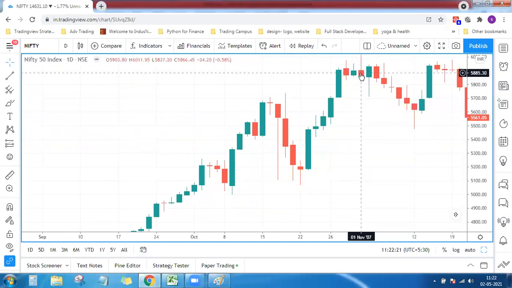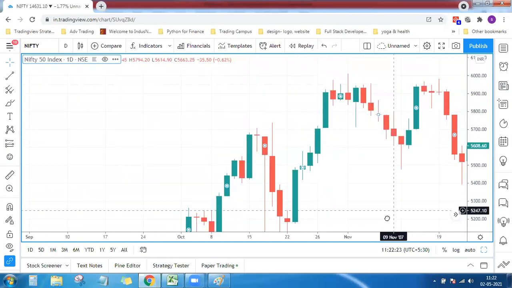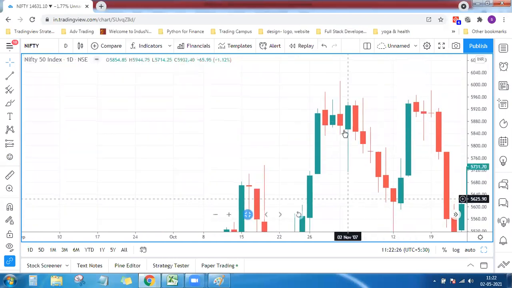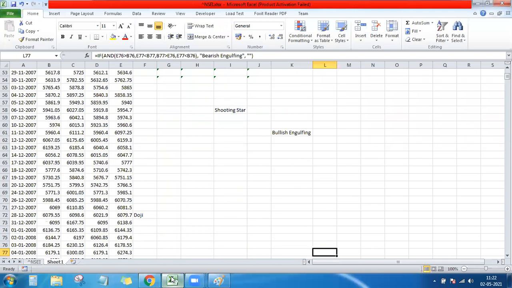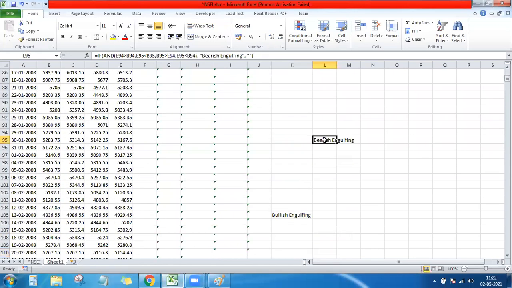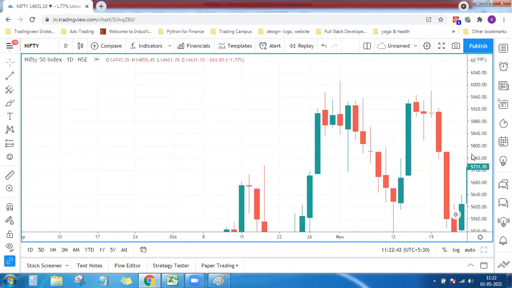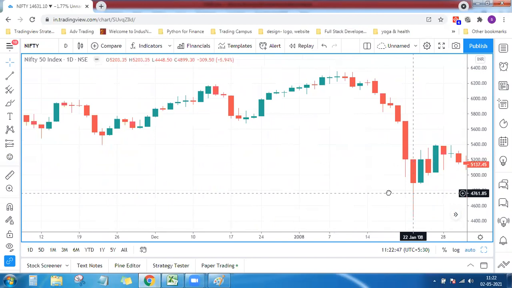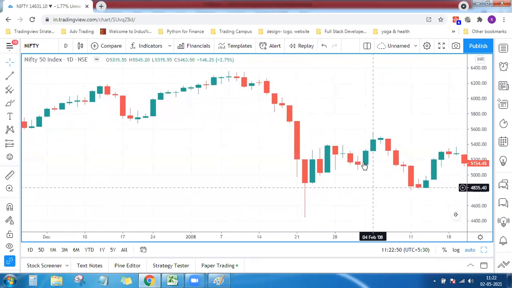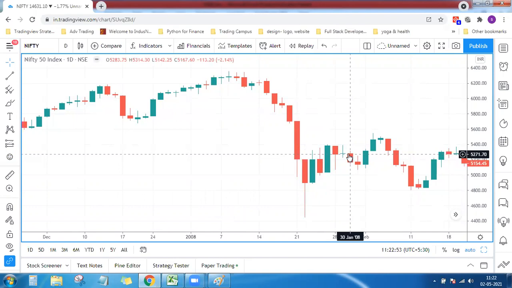These two candles together. Slight gap up opening and slight engulfing also. 30th Jan 2008. This one. Previous day closing price 5280.8 and 5283.75.